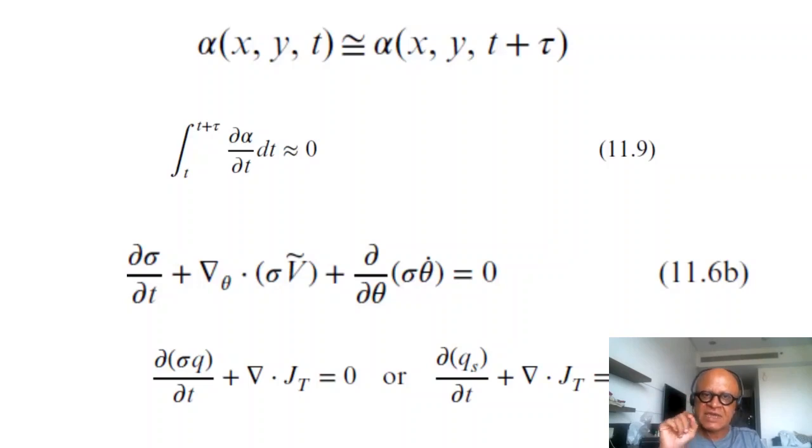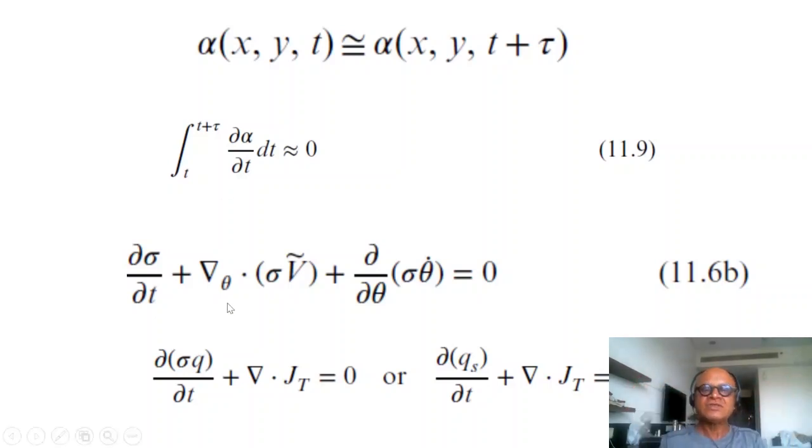So there is always diabatic heating and convection in the tropics somewhere, the ITCZ for example, and the fluxes into the westerly duct and the Rossby waves are always there, which means if you integrate over a certain time, like t to t plus tau, of any particular quantity, then you can get a composite picture which you can consider as stationary, because it's like a climatology of the region.